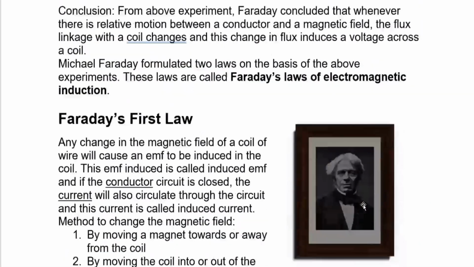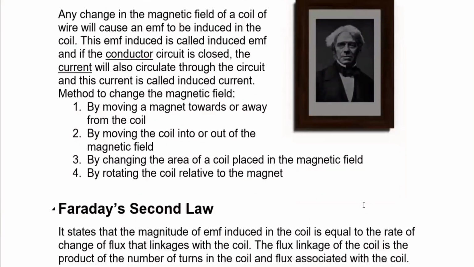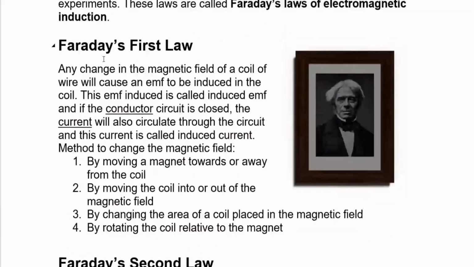Now let me proceed to Faraday's first law. Faraday's first law states that any change in the magnetic field of a coil of wire will cause an EMF to be induced in the coil, and this EMF is called induced EMF.